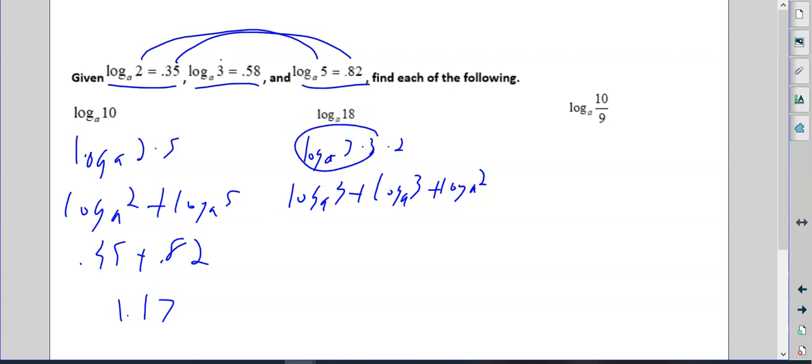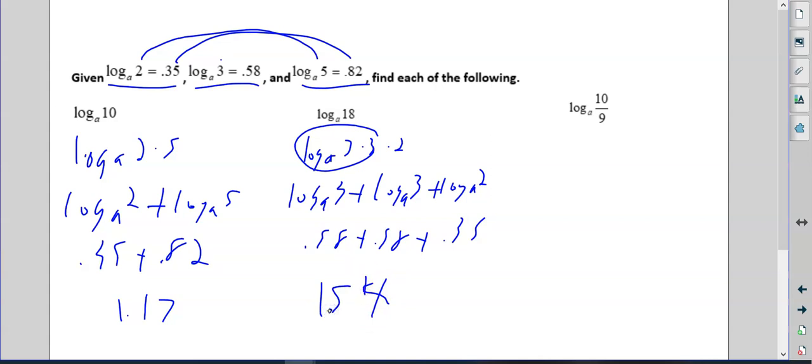So there's options. But you're just going to have 0.58 plus 0.58 plus log a of 2 is 0.35. So again, you're just going to add those up real quick. 0.58 plus 0.58 plus 0.35, which gives us 1.54. That's an ugly 4, but you get the gist.